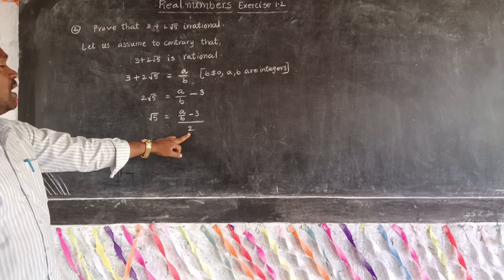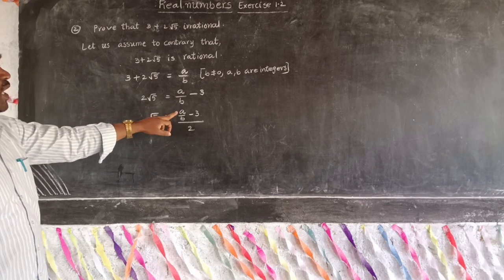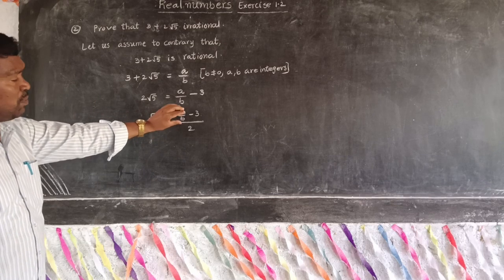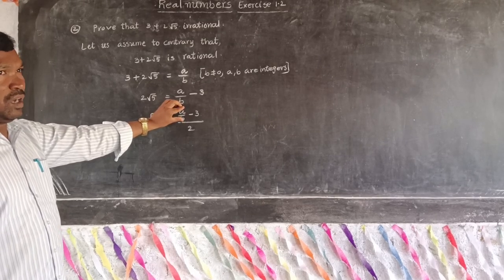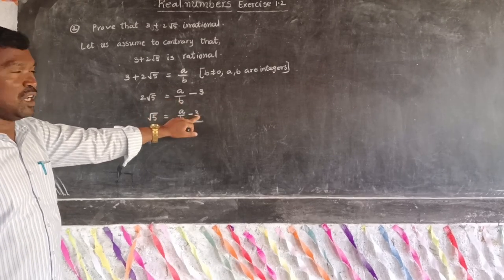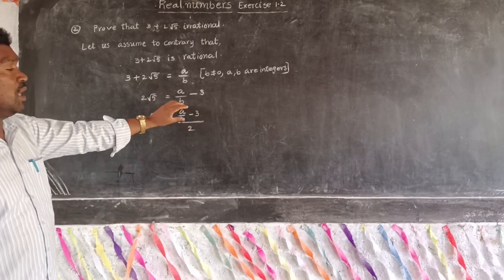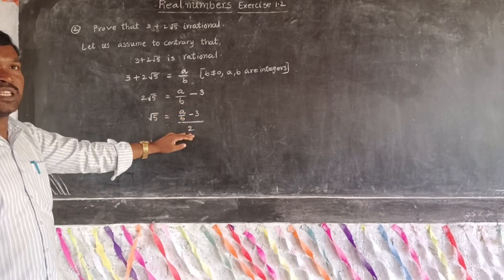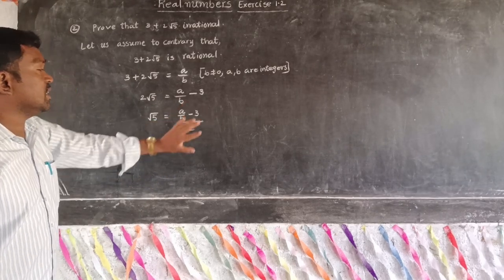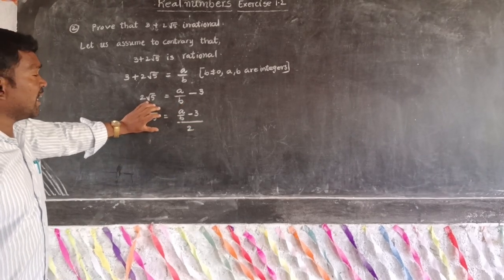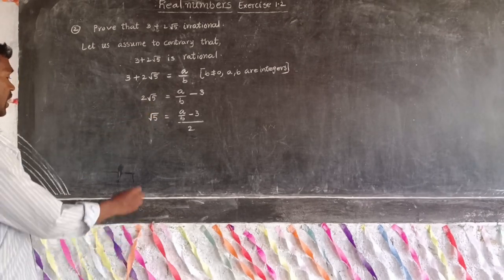So a by b, where a is an integer, is also a rational number. Rational number addition or subtraction with a rational number gives a rational number. Rational number divided by a rational number gives a rational number. So RHS is rational and LHS is irrational.